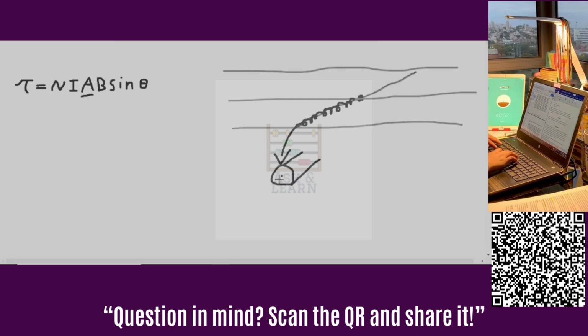Now this has a radius, and that's what we mean by area: the area of this circle times the number of loops, which is this N. So that's how many loops this has going around. The more tightly packed these loops are, the bigger our torque is going to be, the more force there's going to be in this whole system. So that's why we have an area here.